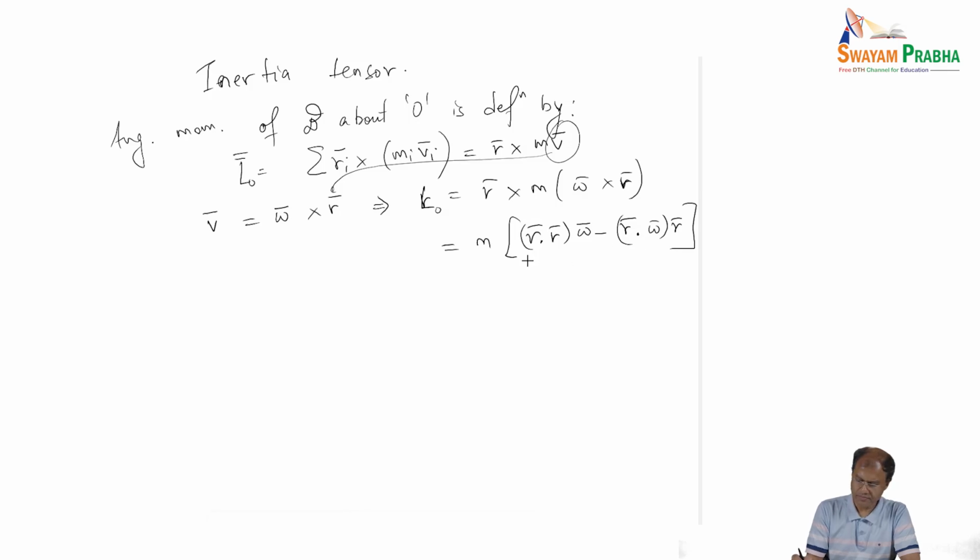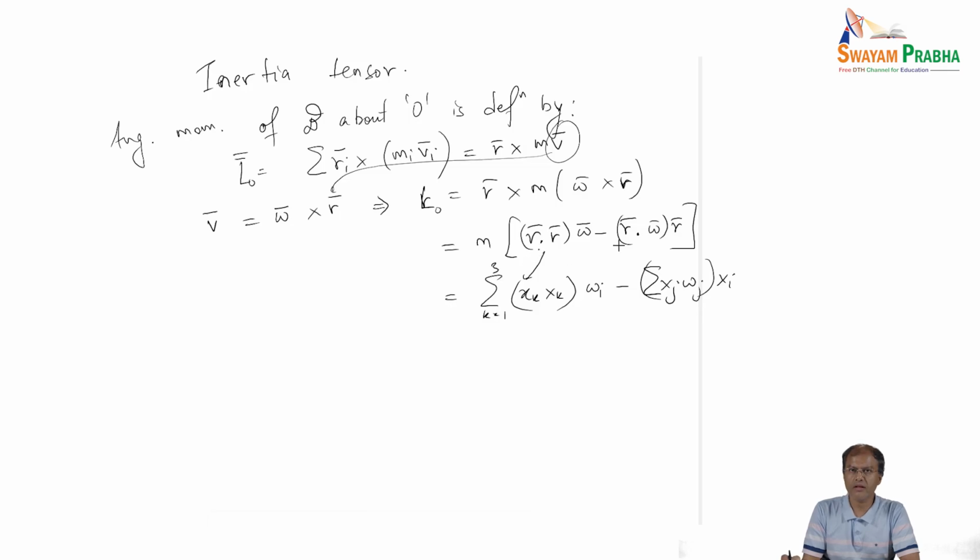And then we see that this is also equal to summation k from 1 to 3 of xk xk omega i minus xj omega j times xi, right? This is the expanded version of this vector dot product in the summation notation.